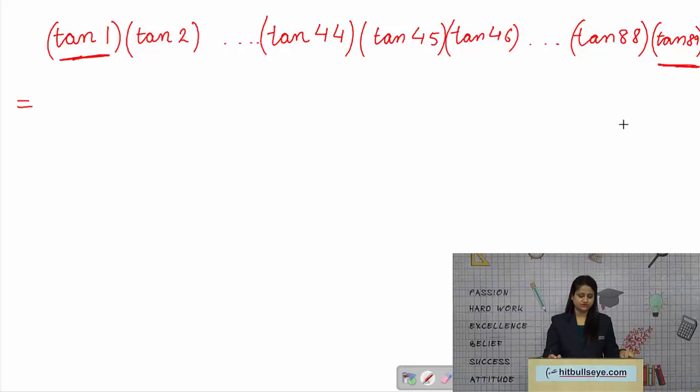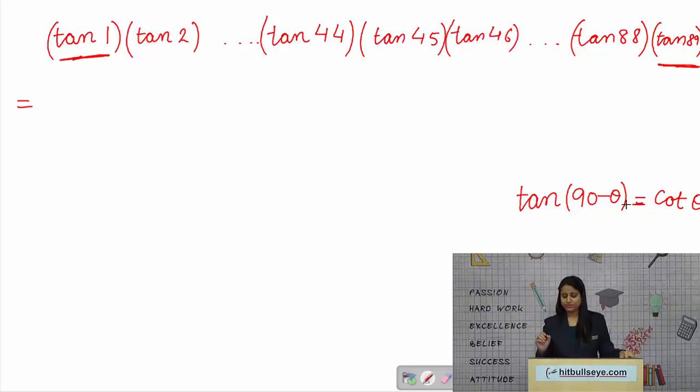What is the usage of this? As we know that tan of 90 minus theta is cot theta. You can go to part 1 video to understand this concept. So we can say that tan 89 is nothing but cot 1.